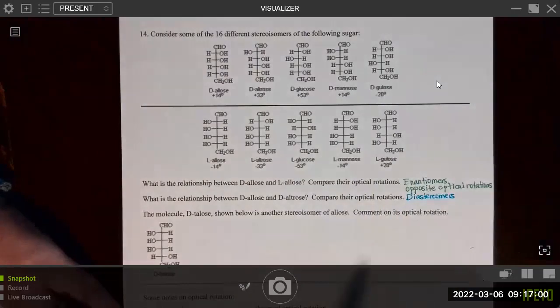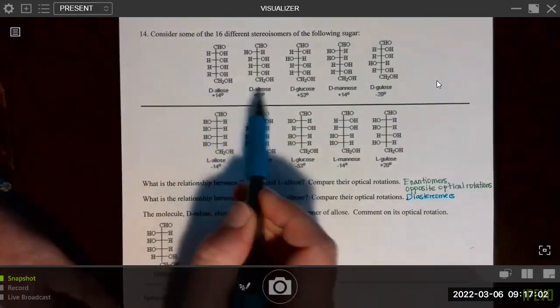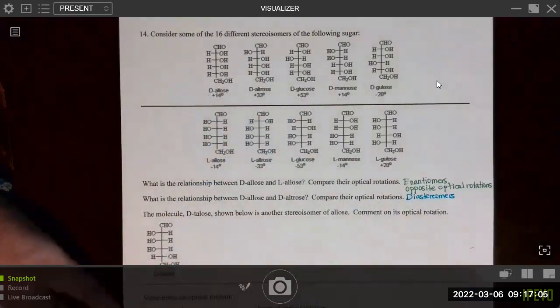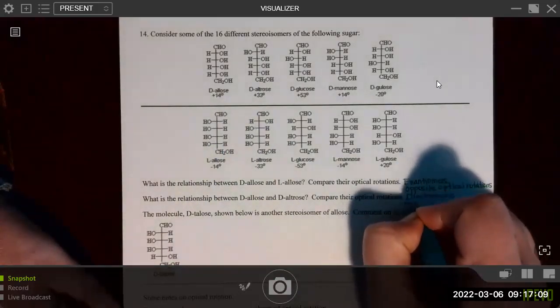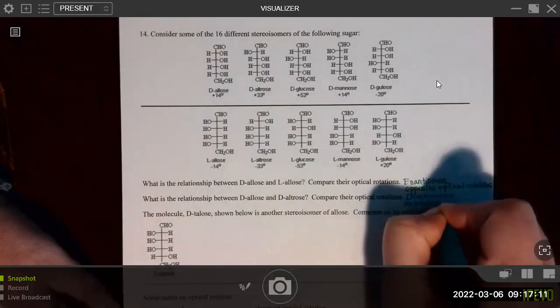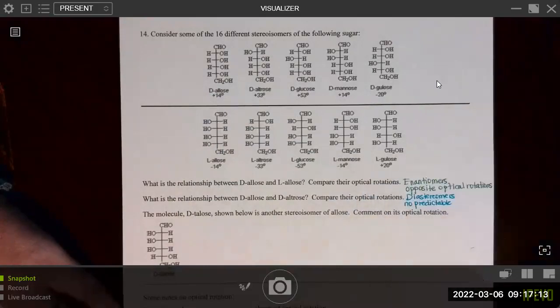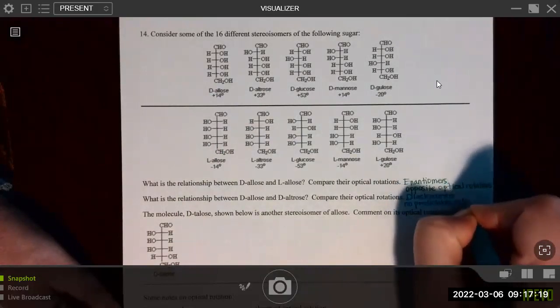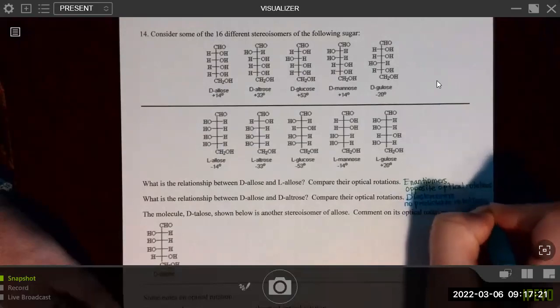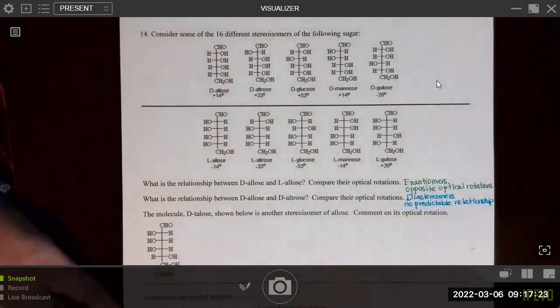And compare their optical rotations of plus 14 and plus 33. So we'll just say there's no predictable relationship in their optical rotations.